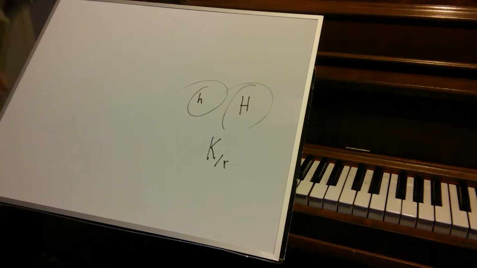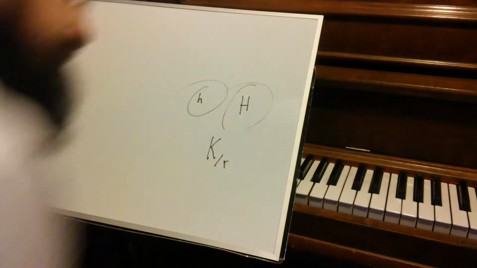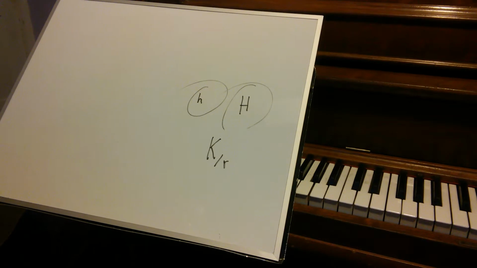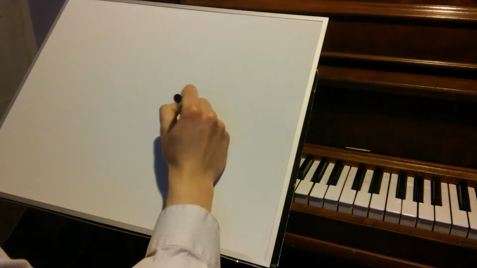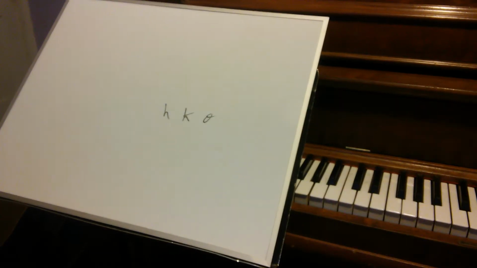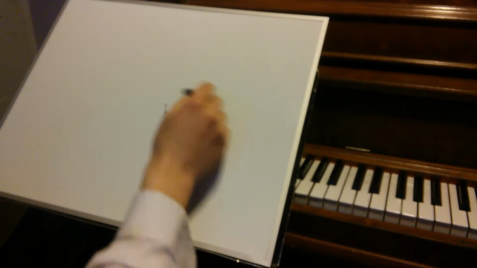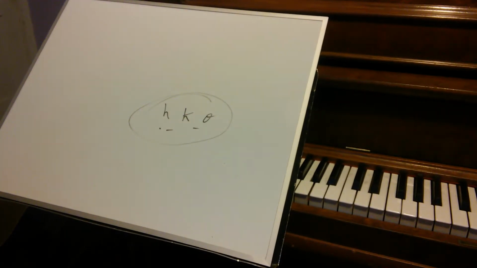That's where the lowercase, uppercase demarcation comes in handy. Plus, if you're just sketching out some stuff, H minor, H, K, O, blah, blah, blah, it's nice to know that these are notes, and it's just good separating in terms of concept.